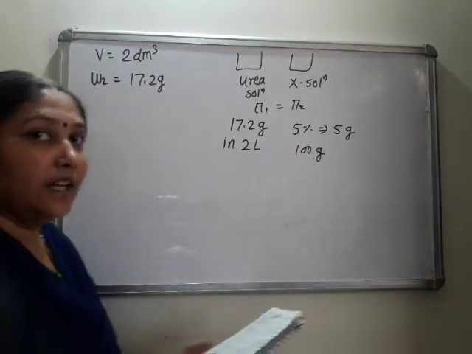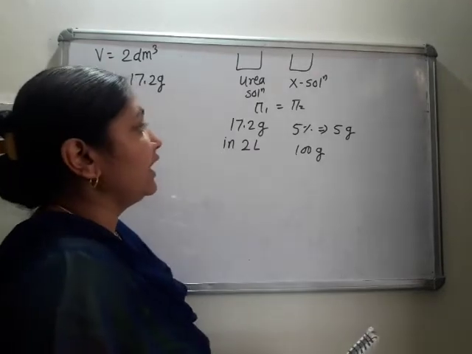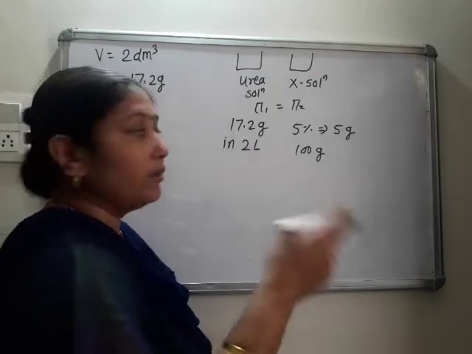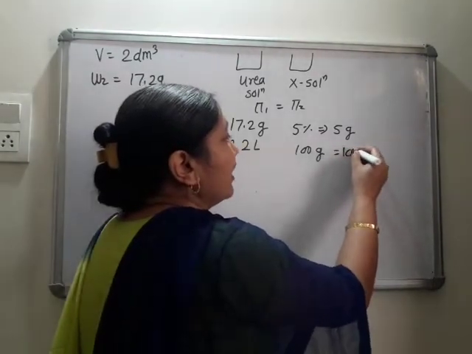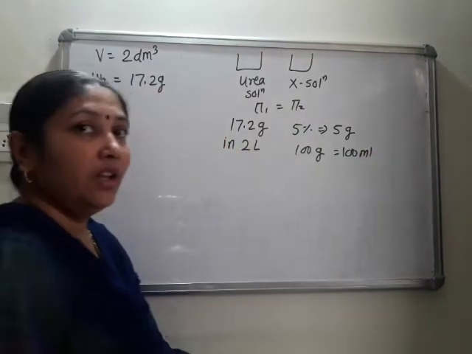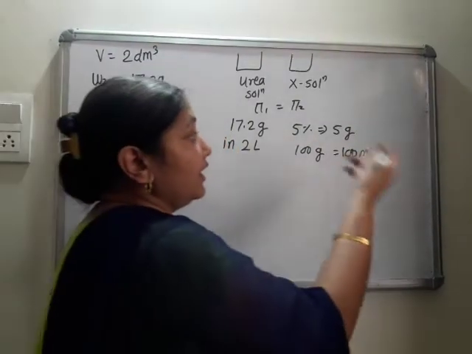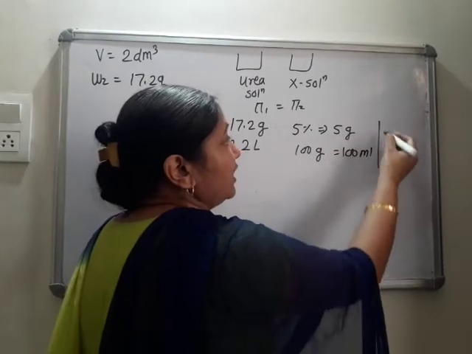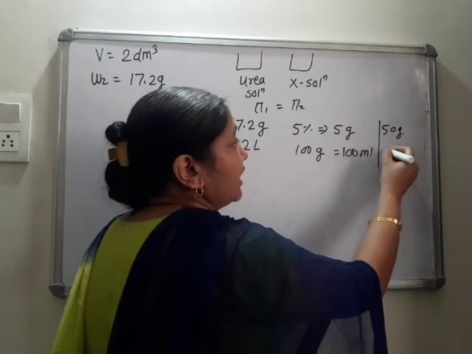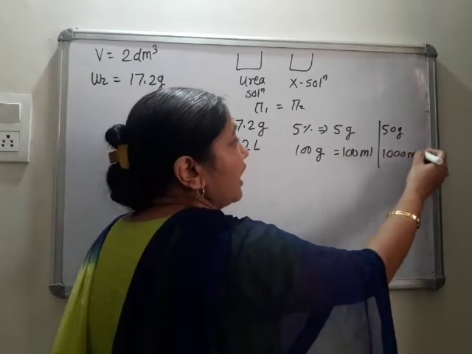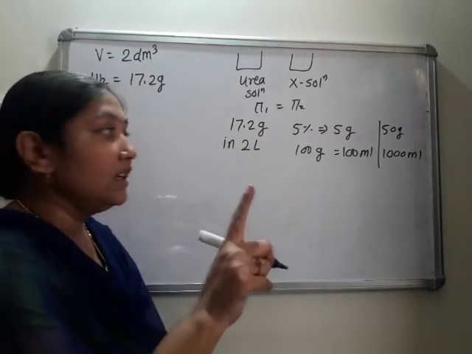Assume density as 1. They have not given density. So we have to consider 5 gram in 100 gram. It means 5 gram in 100 ml. If 5 gram is present in 100 ml, it means 50 gram is present in 1000 ml. That is 1 liter.